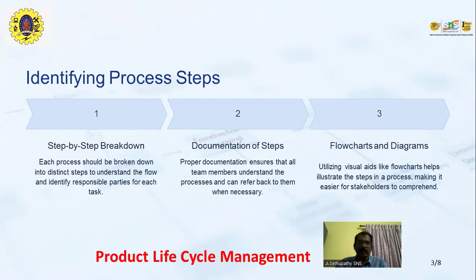Another one is documentation of steps, that is the flow chart or other documents we collect, gathering the information from the data and storing the documents. This is the second step. And flowchart diagrams, this is the third one. We will make the process steps.